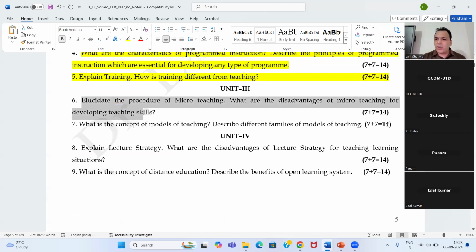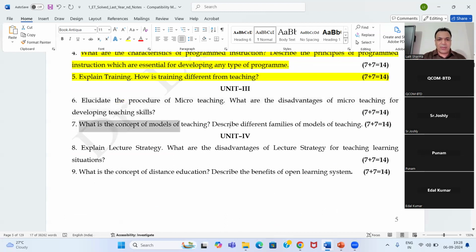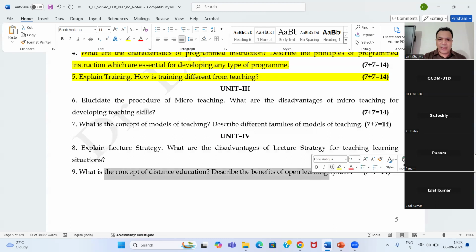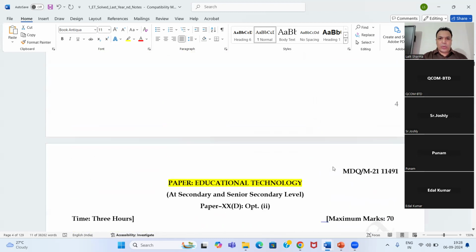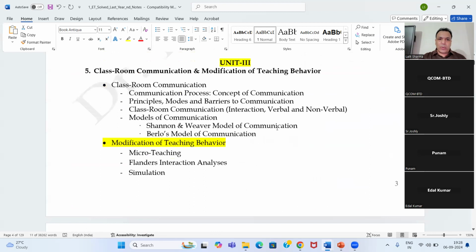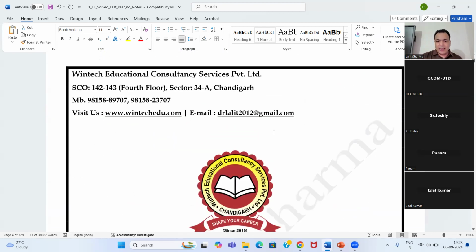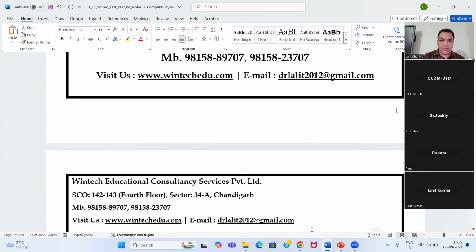What are the disadvantages of micro teaching? Then 7th, we discussed the concept of models of teaching, describe the 4 families of models of teaching. 8th, we discussed lecture strategy. And 9th, we discussed distance education. So in the syllabus, we have almost covered all the things. Now you have to prepare for your next paper.